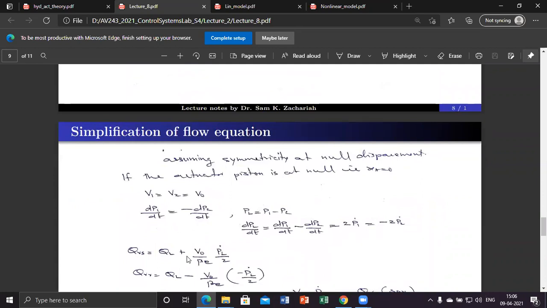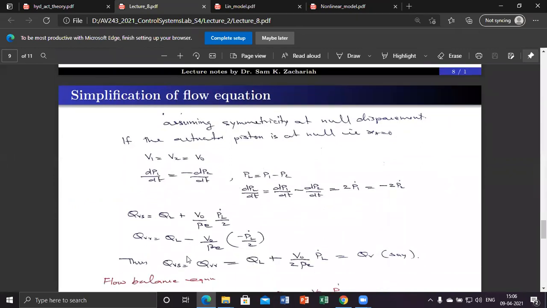Okay. Now we are going into the dynamics of the actuator cylinder, where we are idealizing it. In the earlier expression, I was finding the dynamics of the forward chamber and the return chamber.